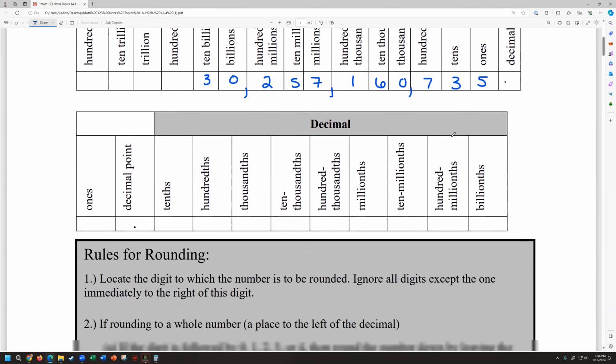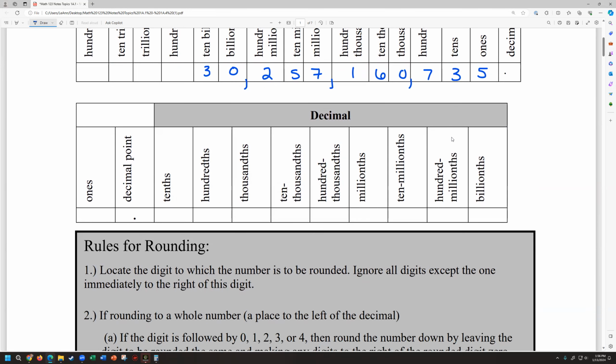Now, if you have decimal points, so your ones is here, and let's say we have something after the decimal. I'm going to put a 0 in for the ones place, just for this specific example. You don't have a oneth place. Notice that all decimal place values have a "th" as the ending. So we don't have a oneth, we start with the tenth. So tenth, hundredth, thousandth, ten-thousandth, hundred-thousandth, millionth, ten-millionth, hundred-millionth, and billionth.